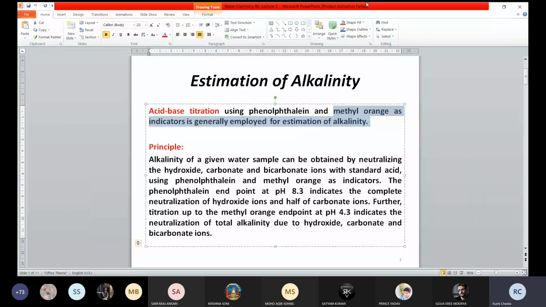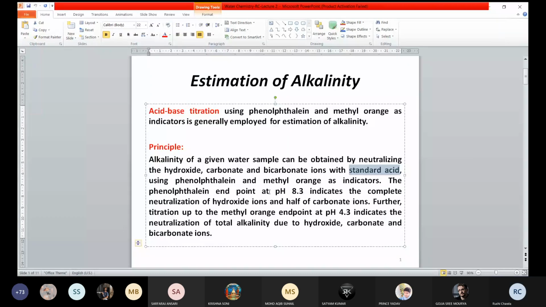So the principle involves the neutralization of the three ions responsible for alkalinity, that is hydroxide, carbonate, and bicarbonate ions. They will be neutralized by a standard acid. Standard means you will be knowing the strength or the concentration of that acid. And this will be done with the help of two acid-base indicators.